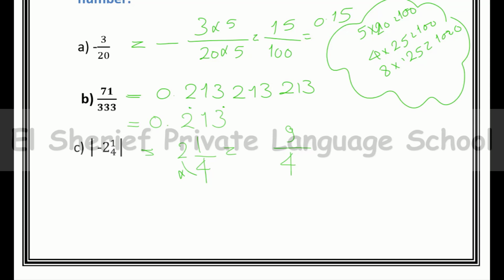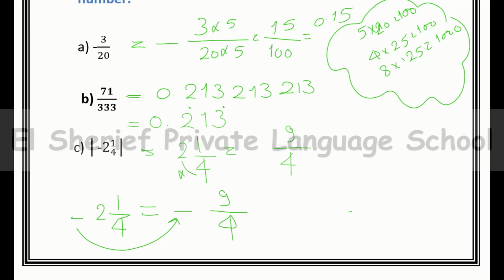Without the absolute value, if I have negative 2 and a quarter, the negative sign stays. Don't tell me 2 times negative 4 or 4 times negative 2 plus 1. No. Here I will keep the negative sign as it is. After that, 4 times 2 equals 8 plus 1 equals 9 over 4.